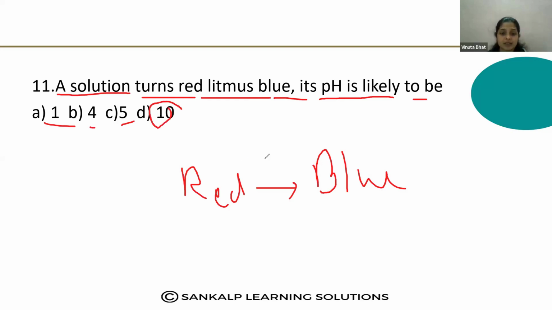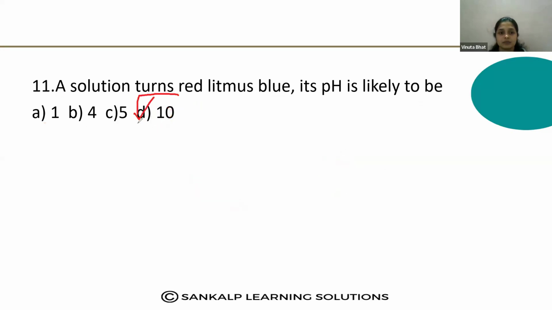So the bases change the color of the red litmus paper into blue. So option D is the correct answer. Next question.